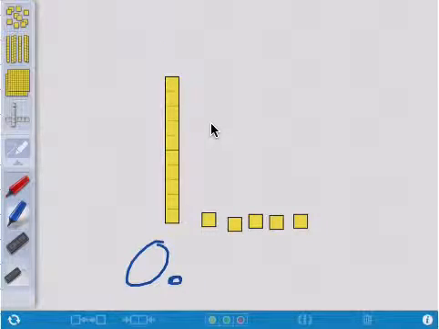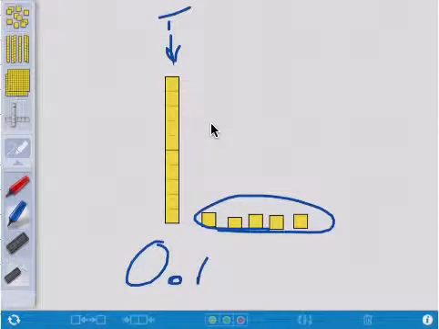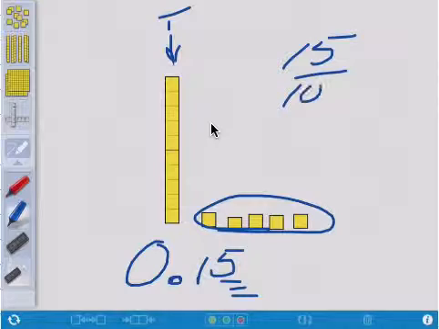Then in our tenths, you have just this 1 here. So we got 1 in the tenths place, and then counting all these for your hundredths, 1, 2, 3, 4, 5. This represents this number. Now, to put these into fractions, just simply put them over the name of the last column. So this would be representing 15 hundredths.